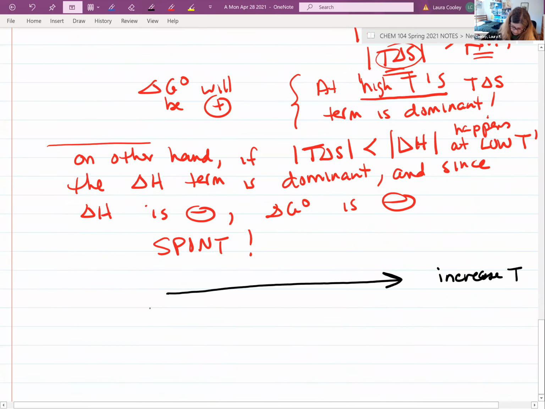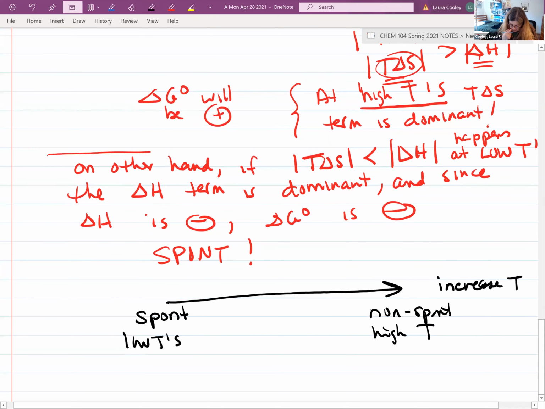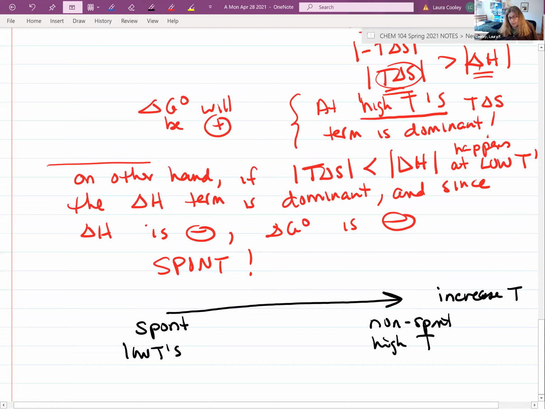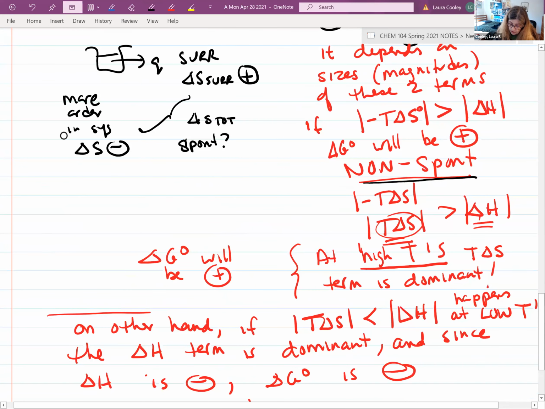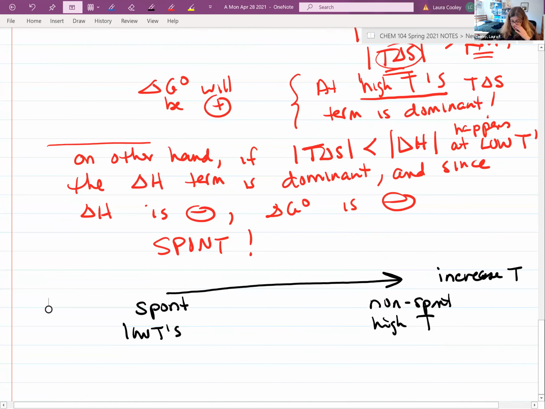So it'll go from being spontaneous at low temperatures to non-spontaneous at high temperatures. So as the T goes up and you increase the magnitude of this term, the reaction becomes more and more non-spontaneous.